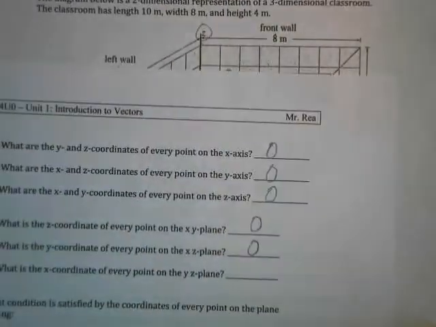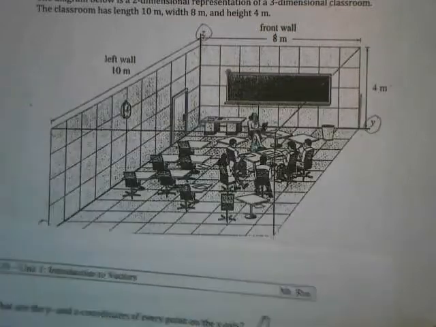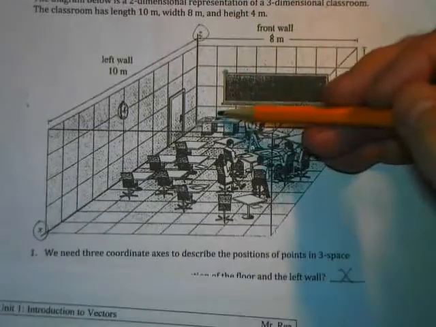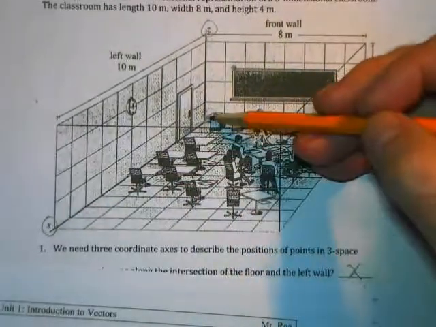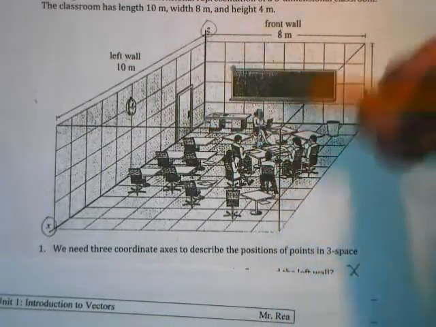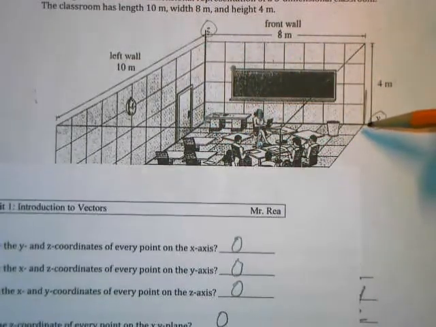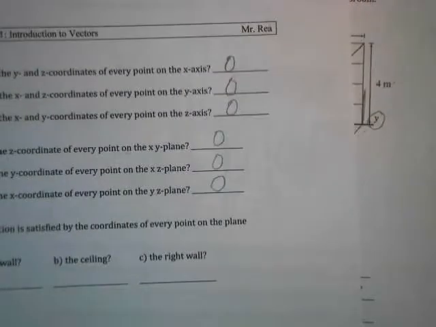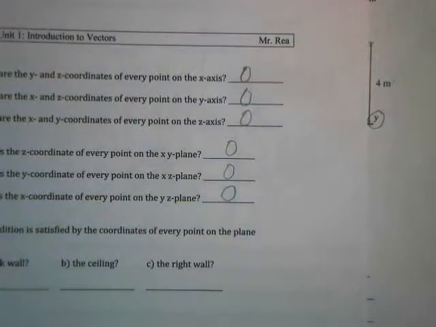And this will be no surprise. What's the x coordinate of every point on the yz plane? The yz plane is the back wall or front wall. So what's happening to the x coordinate there? Well, nothing, because every point along there has an x coordinate of 0. So lots of zeros in a row here.